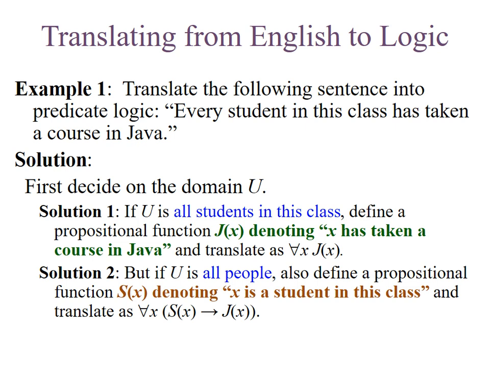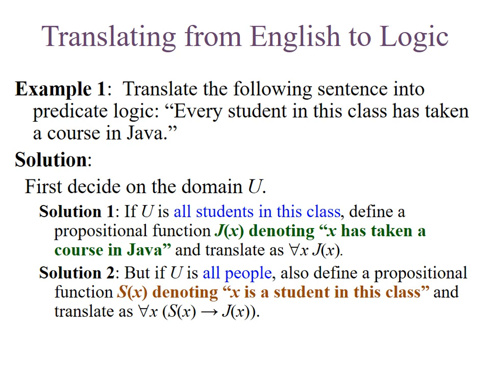That completes the predicate logic, but this is the simplest case. Usually we won't define the universe as all students in this class. Usually we define the domain as all people.